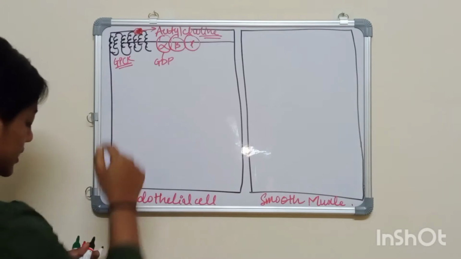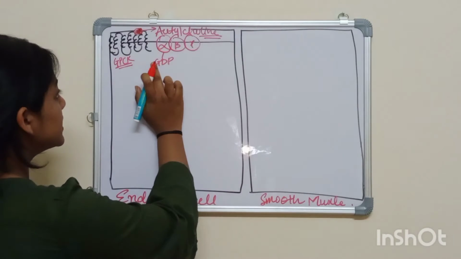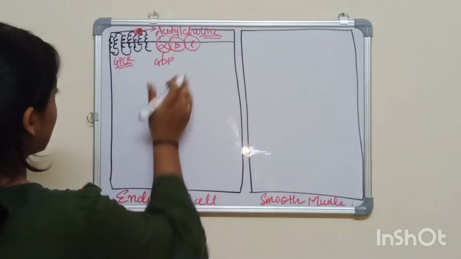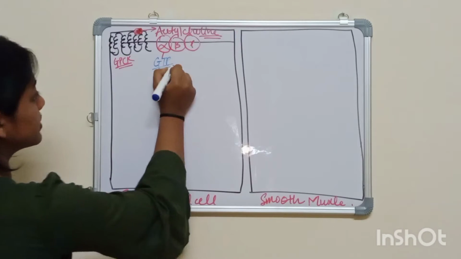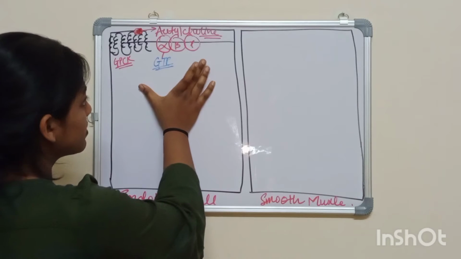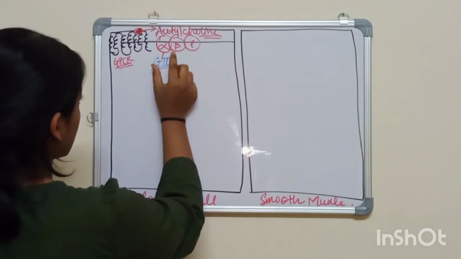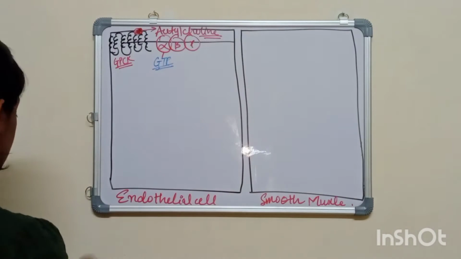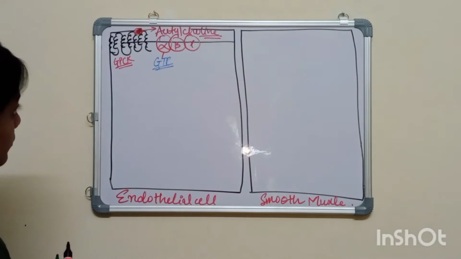What the GPCR does is remove the GDP from the alpha subunit and add GTP to it. Once GTP is bound, the G protein becomes active. This alpha GTP will now dissociate from the gamma and beta subunits of the G protein.